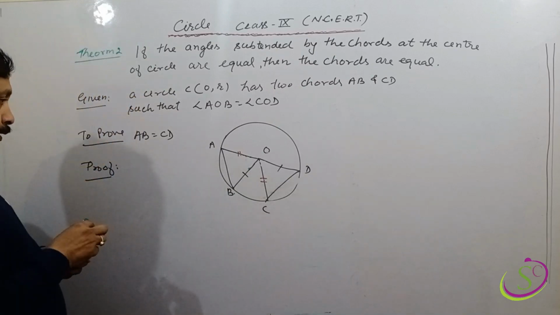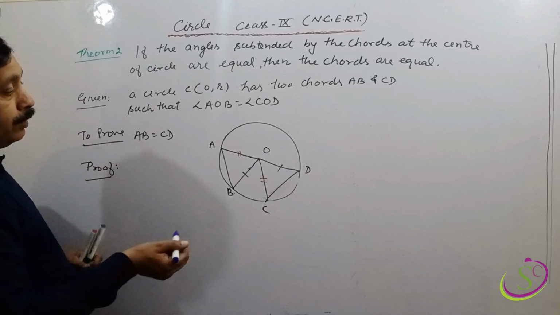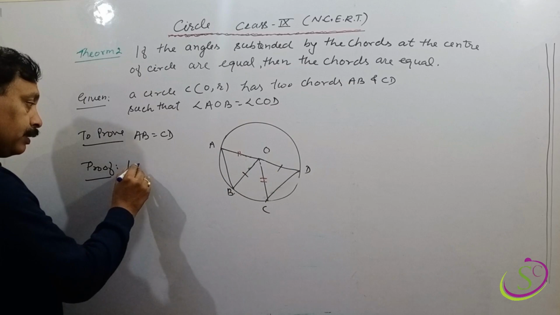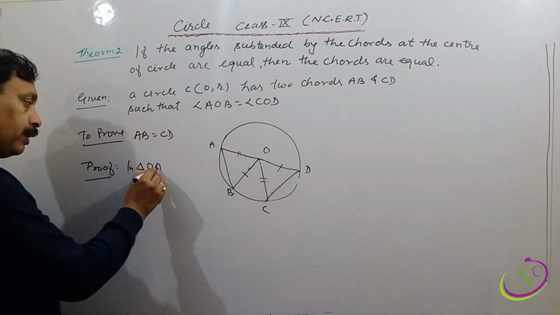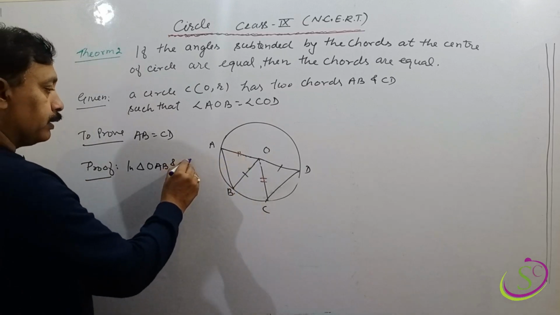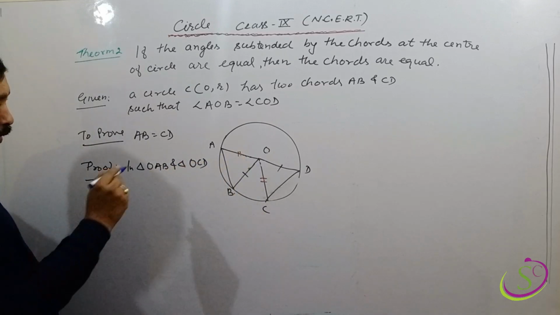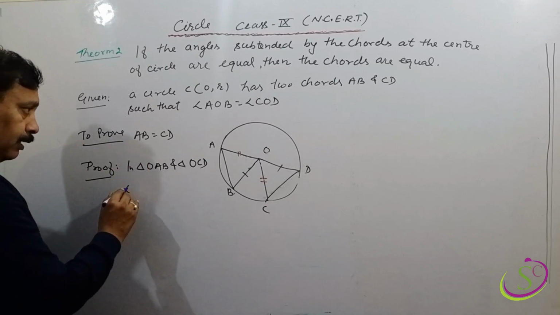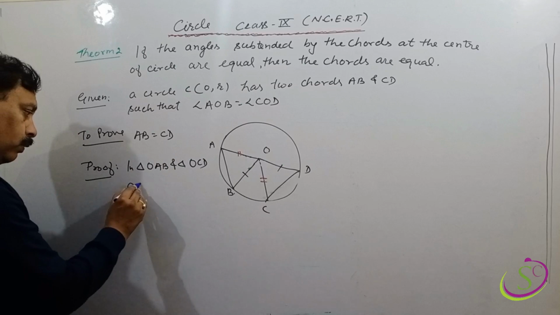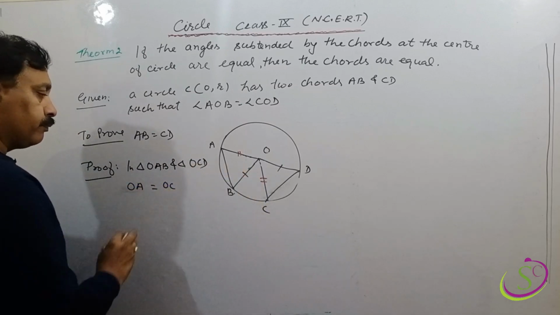So to prove this, what do we have to do? See, similarly in these two triangles, triangle OAB and triangle OCD. Clear? Side OA is equal to the side OC.